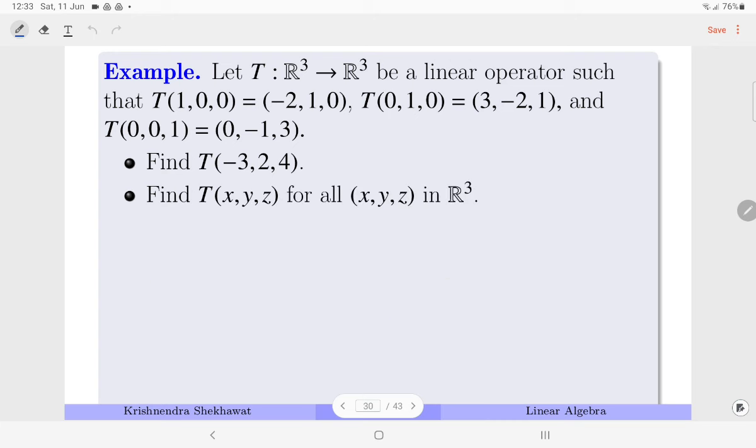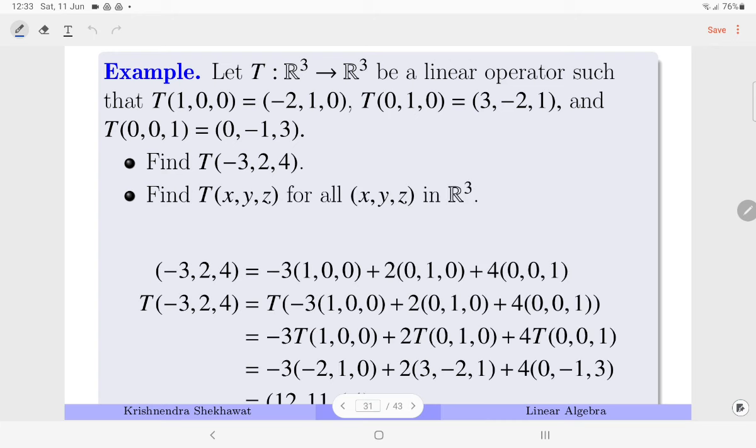If you substitute the values and solve it, then you will get the required answer.